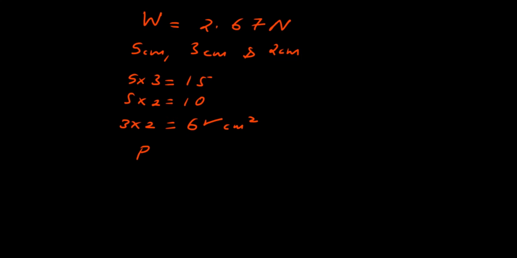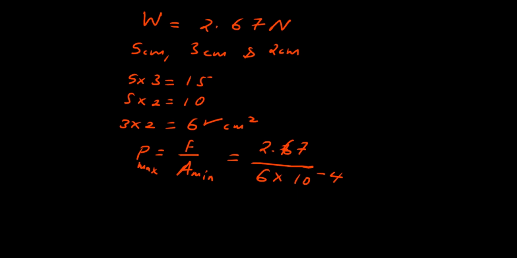So you're going to say pressure, and this is a maximum pressure, is equal to force over A minimum. So in this case, the force will be the weight, and the answer was 2.667. Then we divide the whole thing by this small area, which is 6. Then you convert it to SI units by multiplying by 10 to the power of -4.